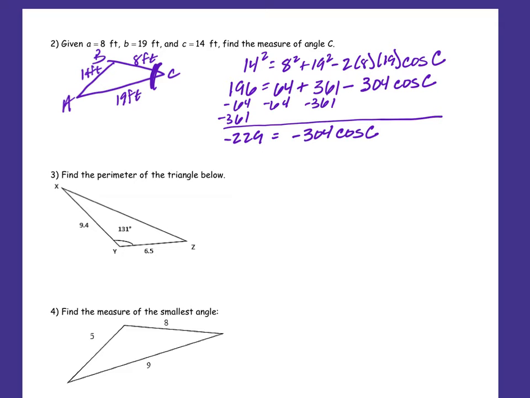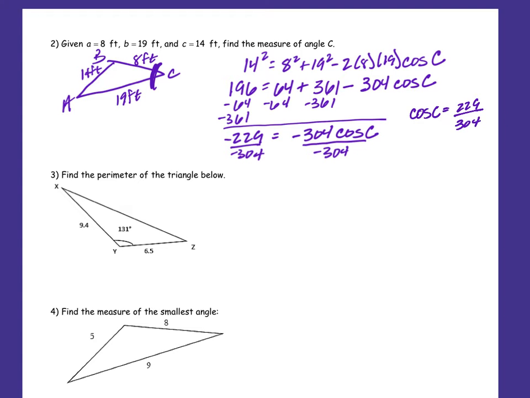Questions? Are we okay? I want to get cosine of C alone, right? So I'm going to divide by negative 304 on both sides. So I get cosine of C is going to equal 229 over 304.